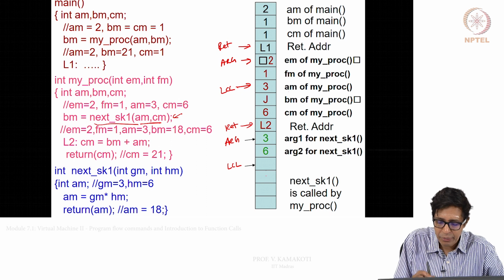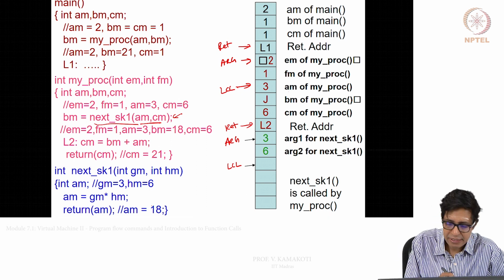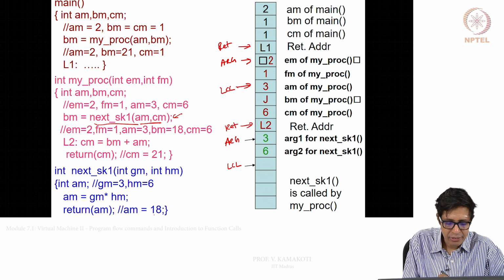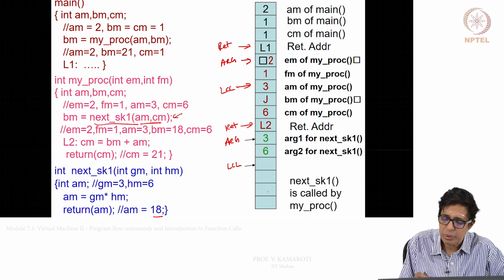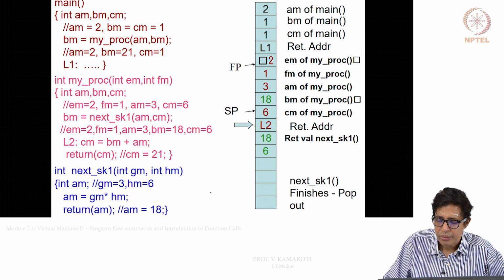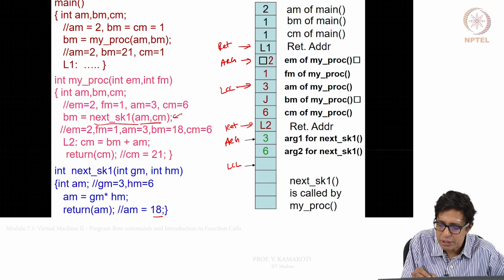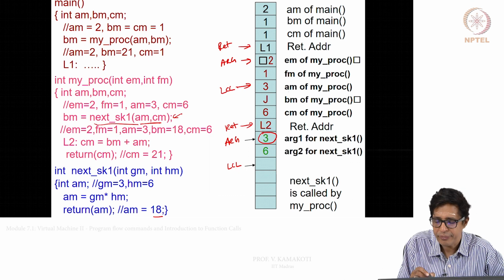Now when nestsk1 completes, it finishes, right. So the finished value it will go and store somewhere. So it goes and stores the finished value at this point.